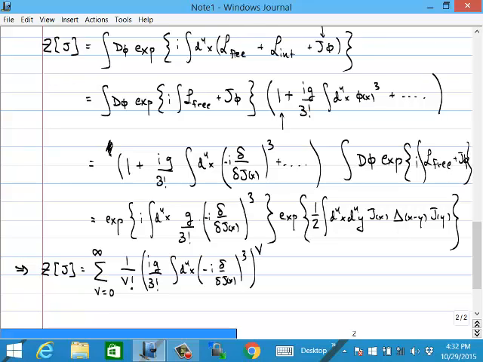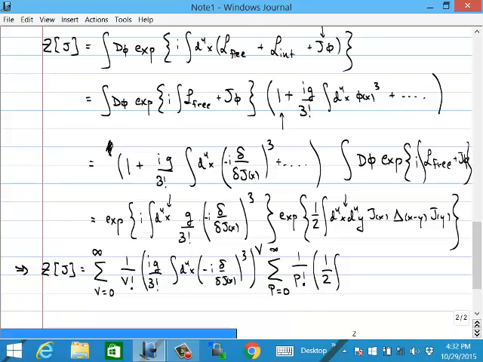And then while we're at it, let's expand out that second exponential as well. So I'll write that as a sum over p to infinity of 1 over p factorial. So here p is just another integer, of 1/2 times an integral. Just to keep things clear, I really shouldn't call both of those variables x, because they're both just variables that I integrate over.